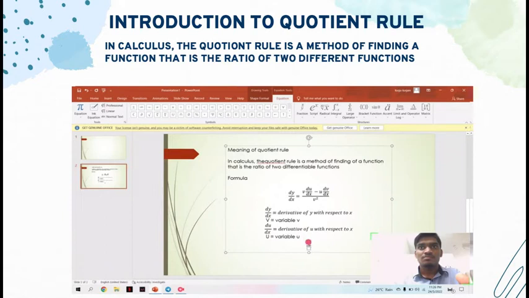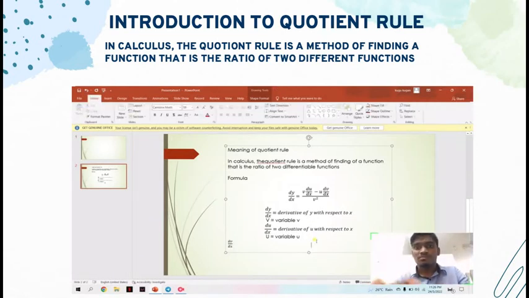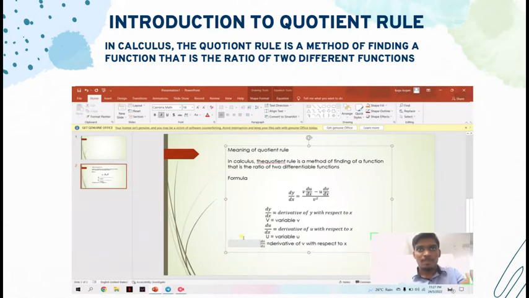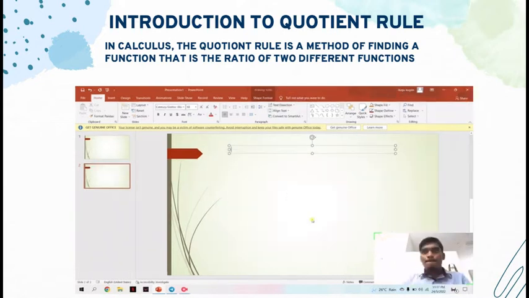The last one is dv per dx, which will be the derivative of v with respect to x. This is the part of the meaning of the quotient rule.